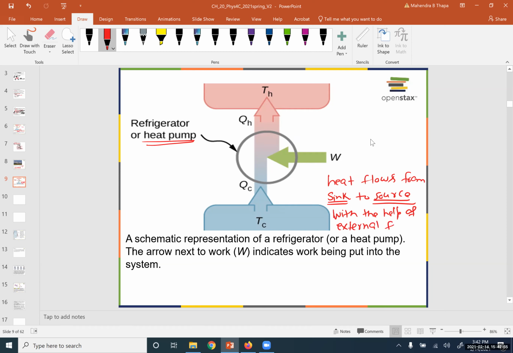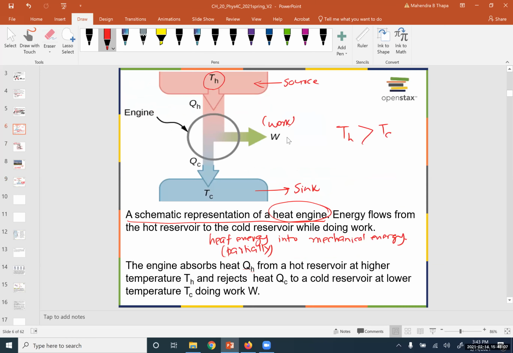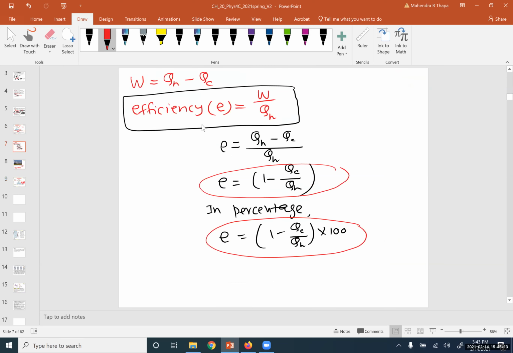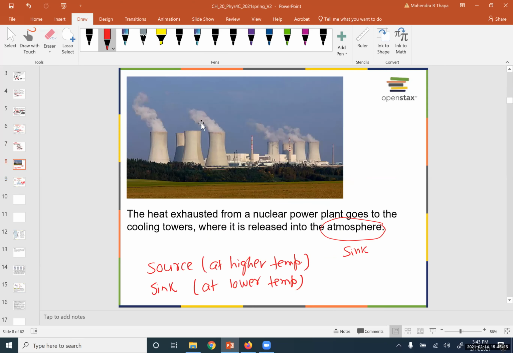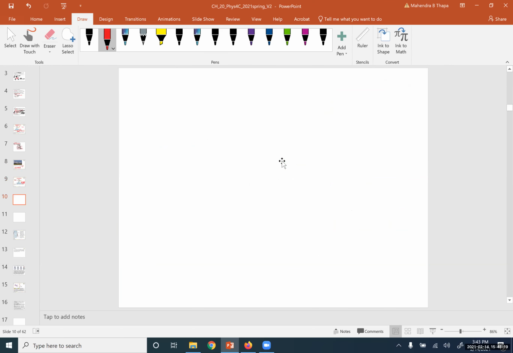Here work is done on the engine. In the previous example, this is the work done by the engine, and here this is the work done on the engine.